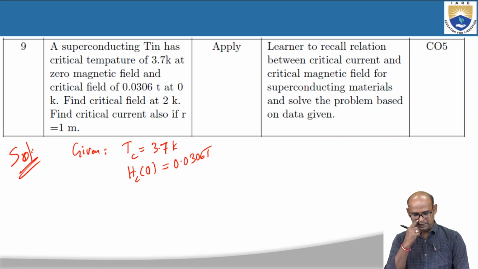Now we need to calculate. First, we need to calculate the critical field at 2 Kelvin, so T is given as 2 Kelvin.